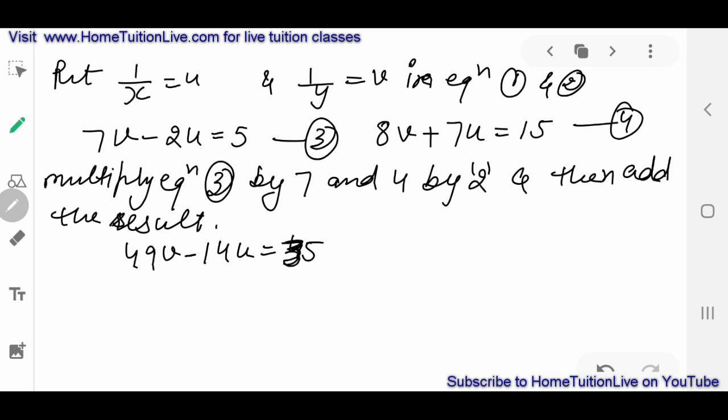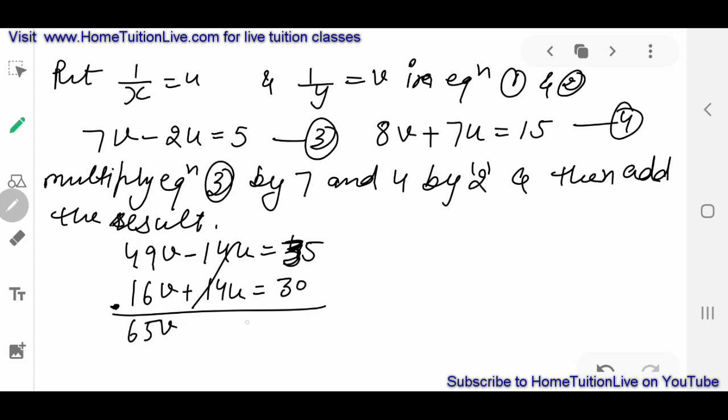Now this is multiplied by 2: 16v plus 14u equals 30. We are adding these, so the u terms will cancel. Now 49 plus 16 is 65v equals 65. So v is equal to 1.